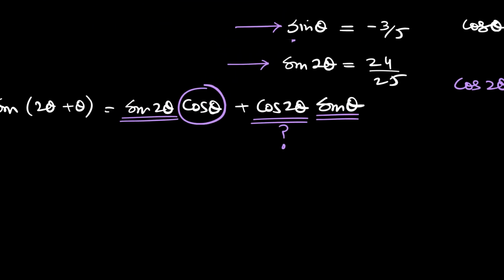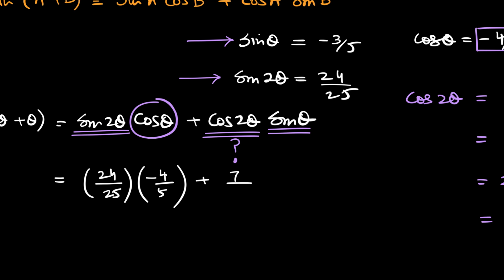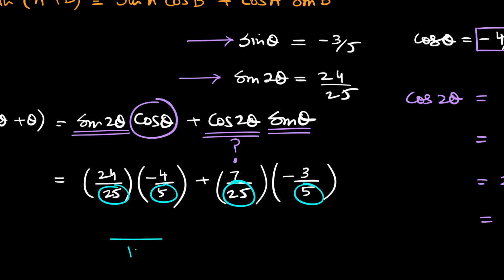So now let's plug in everything over here. We have sine 2 theta, which is 24 over 25. Cosine theta, which is minus 4 over 5. Cosine 2 theta, that is 7 over 25. Sine of theta, which is minus 3 over 5. So all we need to do is to multiply 25 and 5, and that is 125, and that is 125.